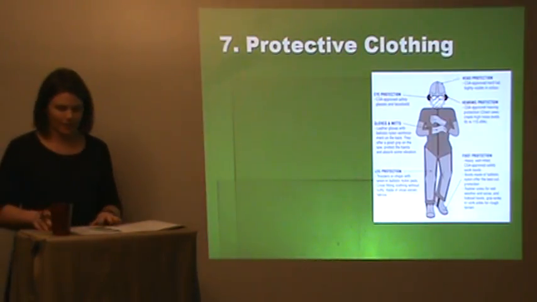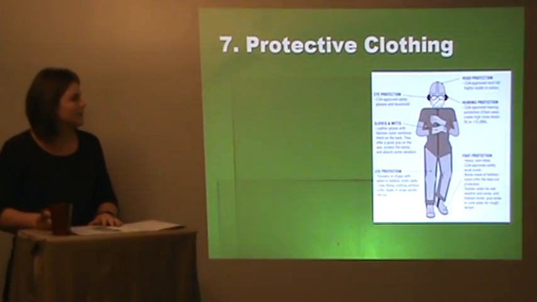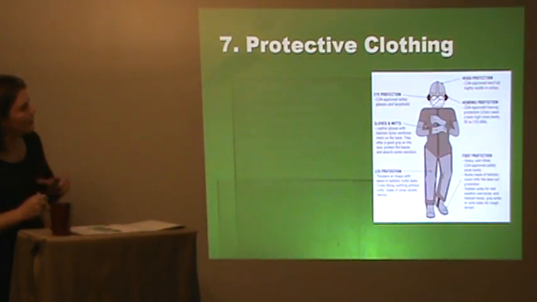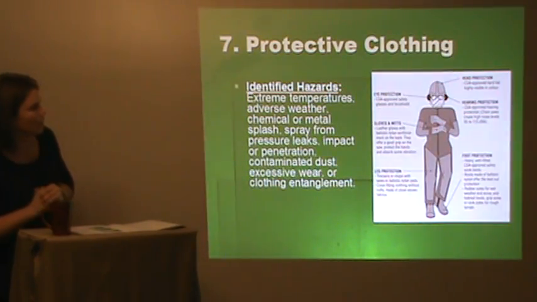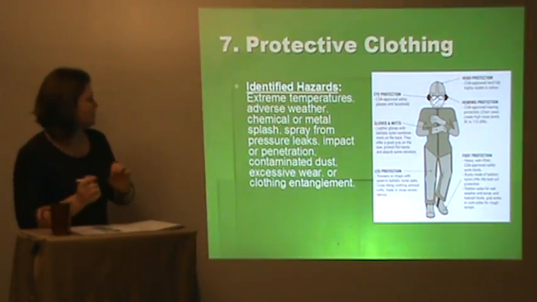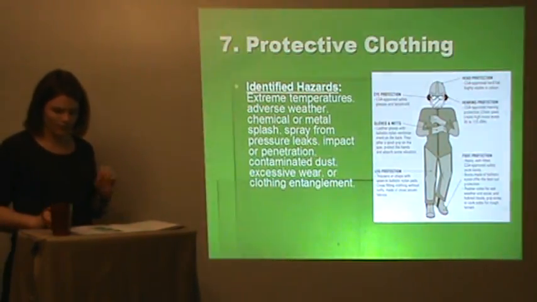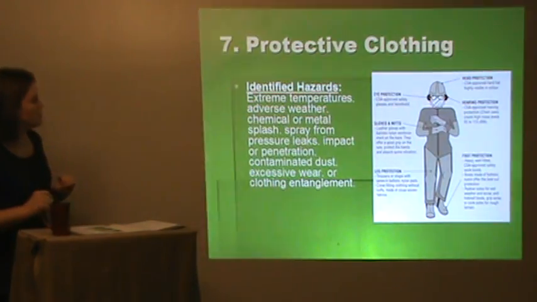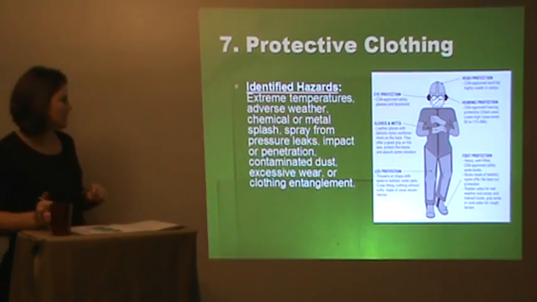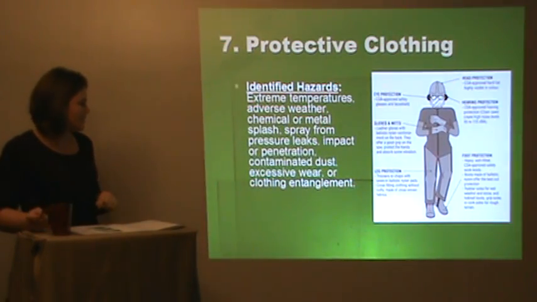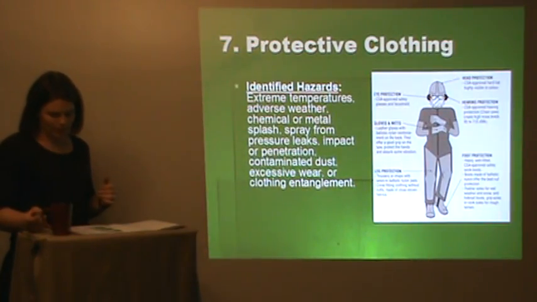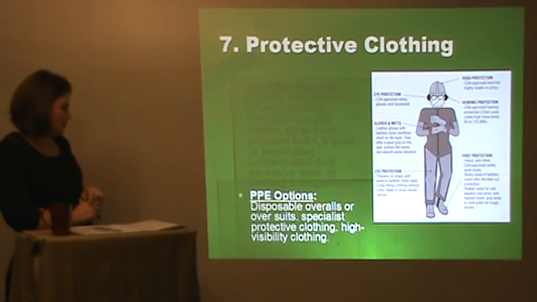And last but not least is the seventh category of PPE, which is protective clothing. In the picture, some of them I've gone over already. Ultimately, if you could be exposed to any of these hazards, such as extreme temperature, adverse weather, chemical metal splash, spray, compressor leaks, impact or penetration, contaminated dust, excessive wear, or if your clothing could become entangled, you could be using some of these options.